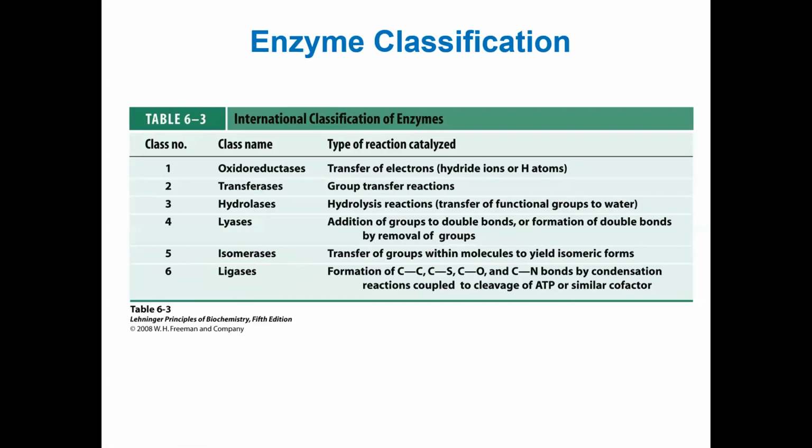As we talk about a little bit later on, there are synthetases. Synthetases are enzymes that use ATP as the source of their energy, and they are in the ligases family of enzymes.